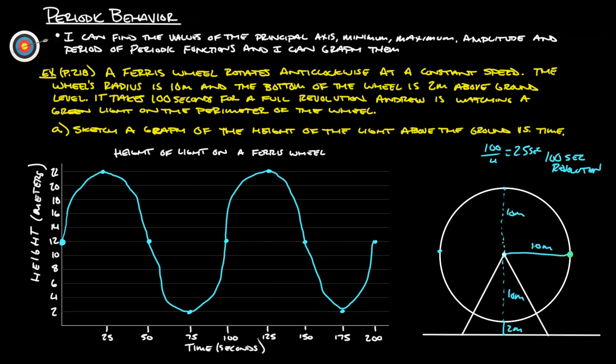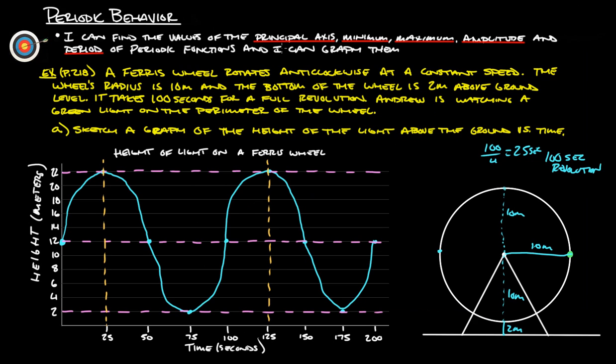Okay. The last thing we want to look at is what all these things are. Here's our middle line, this line right in here. Then here's the top line, our maximum, and here's the bottom line, which is our minimum.